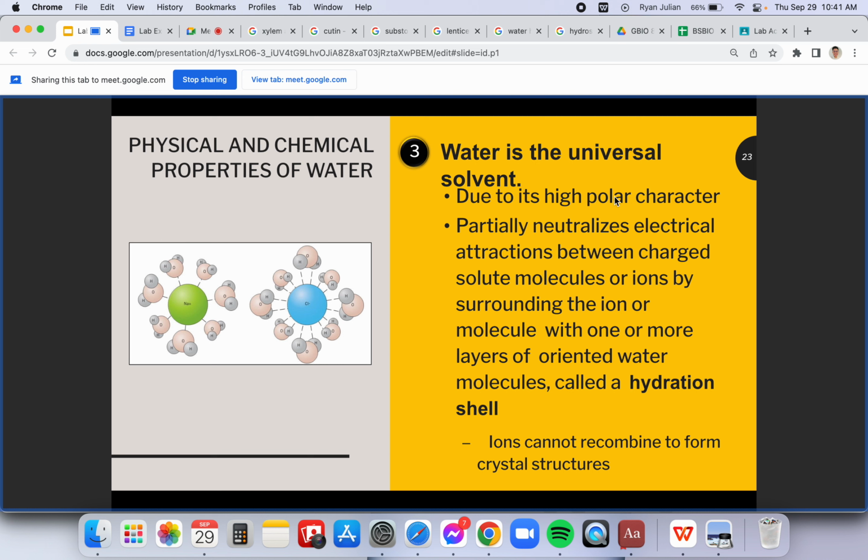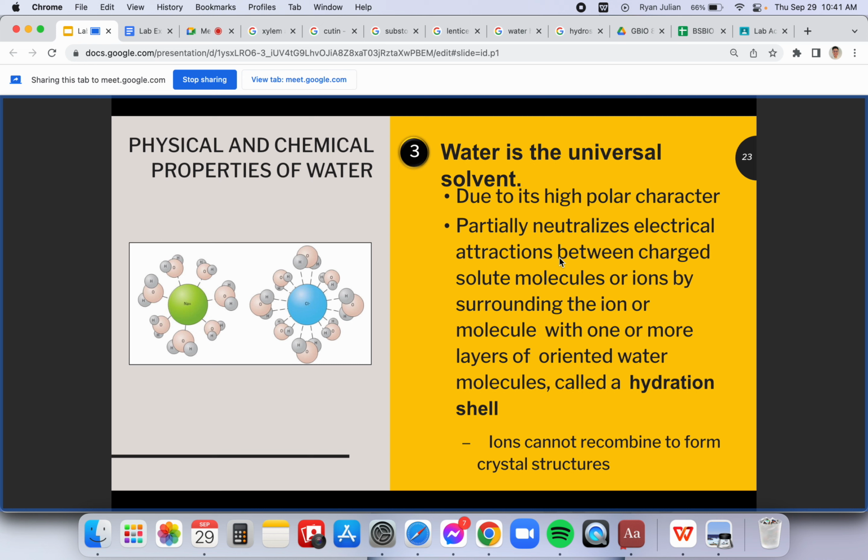High polar character in a way that it greatly involves the process of polarity, which is the ability of water molecules to attract other molecules having charges, be it positive or negative charges in the ions.